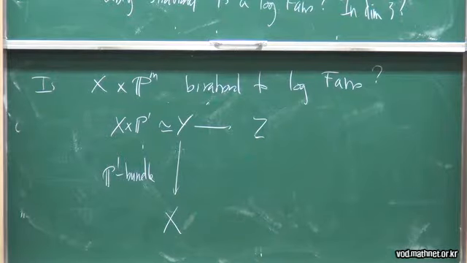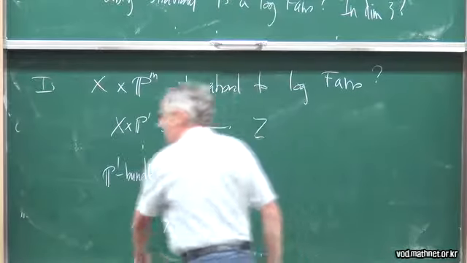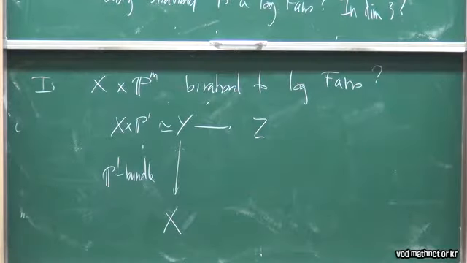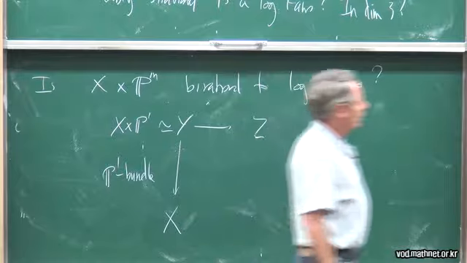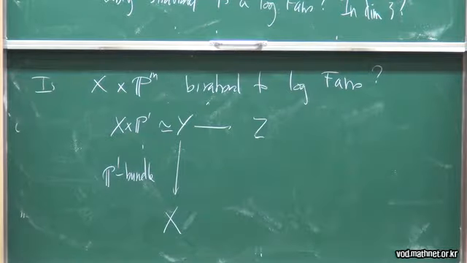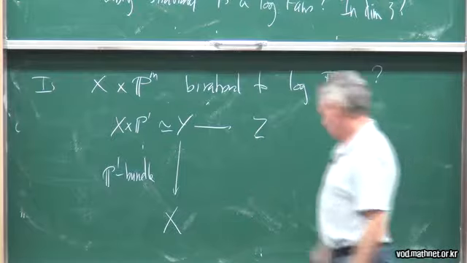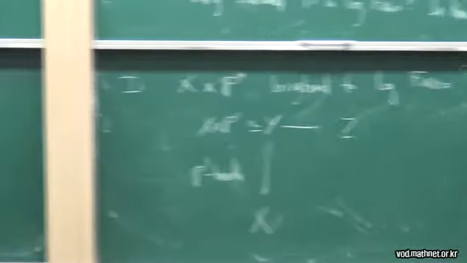Okay, let me, in the last 2 minutes, sketch the last bit. I won't say very much about it at all, obviously. So the last bit, I've explained parts A and B, and we'll now focus on C in 2 minutes. Final step.